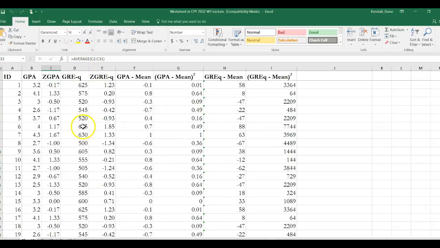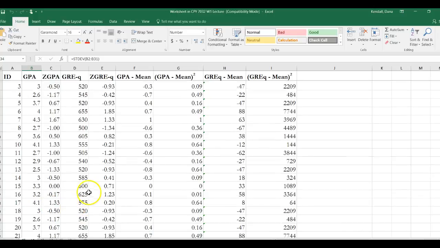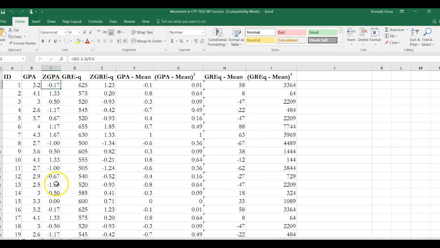That calculates the mean in Excel. And then divide by the standard deviation of these data points, which was given here in the STDev, down here. So that's 0.6. That's all that I did, and I copied that formula down, and that gives us the z-score.